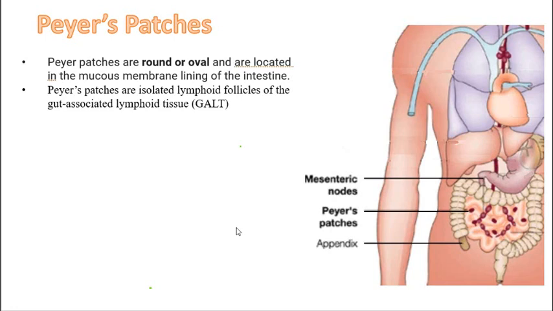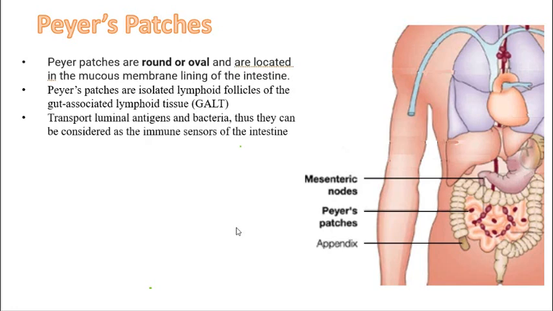They're basically isolated lymphoid follicles of gut-associated lymphoid tissue. Their main job is to monitor the intestinal lumen and transport luminal antigen and bacteria and stimulate the immune system.